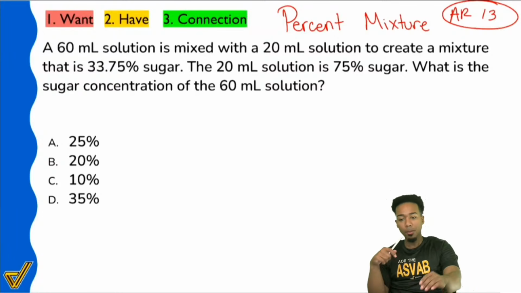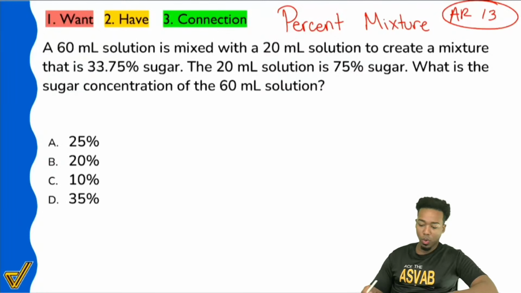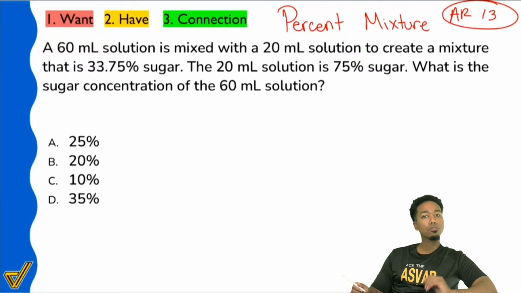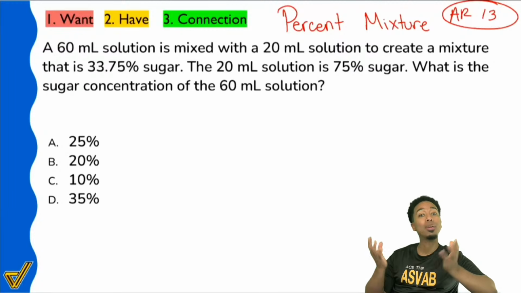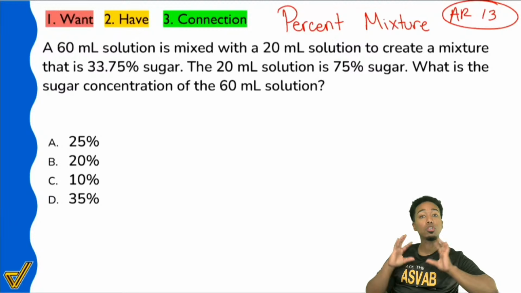So my party people, like we said, this is pretty similar to the previous question, but there's a slight difference. Everybody, true or false? In the first two questions, we were looking for the percent of oil in the total mixture.